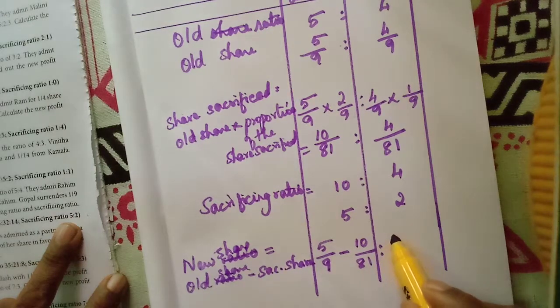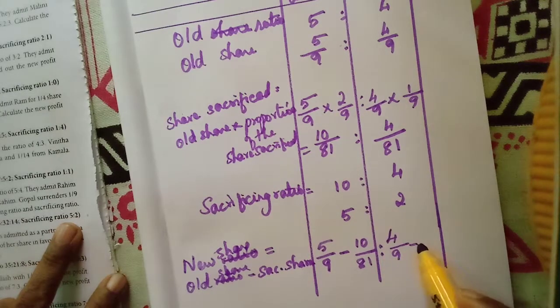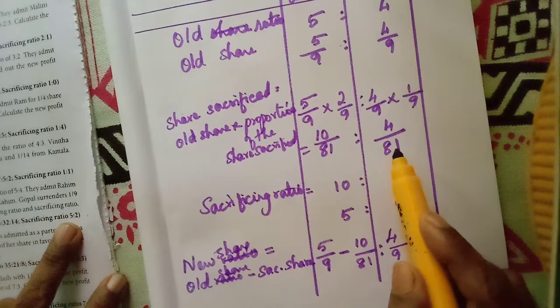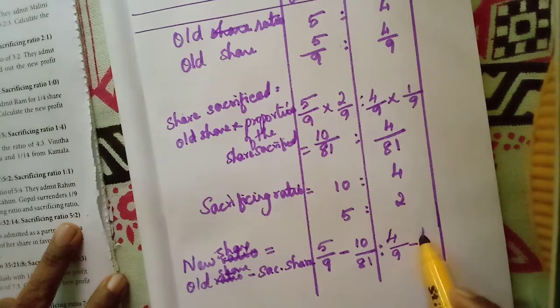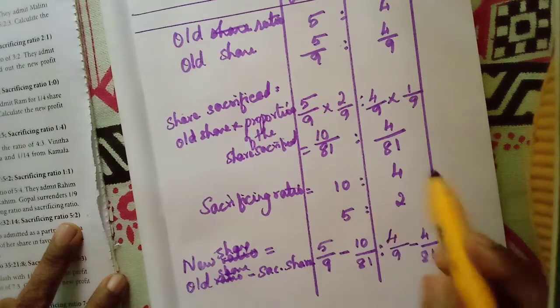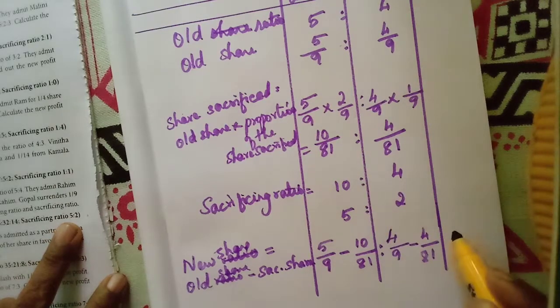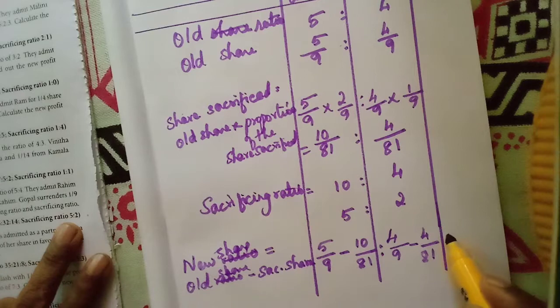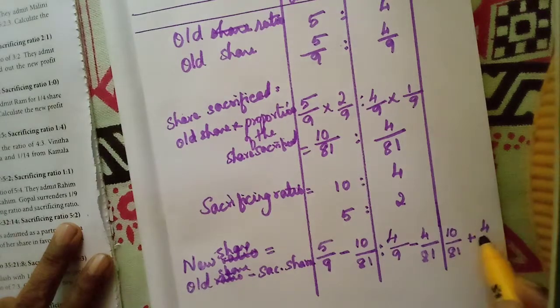Okay, here old share 4/9 minus how much is the share sacrificed? 4/81. Then we need to add both the sacrificed, 10/81 plus 4/81.